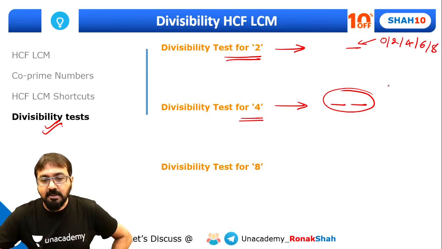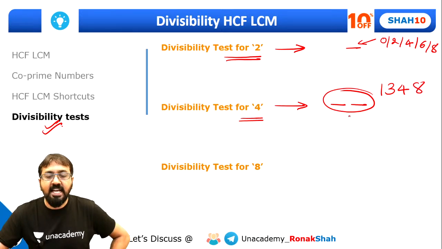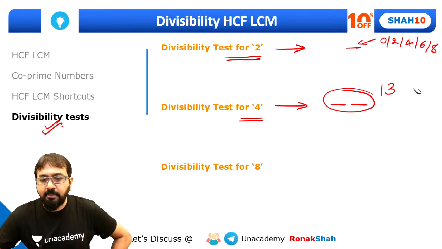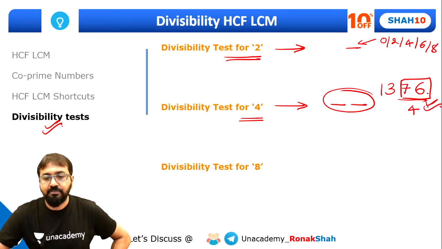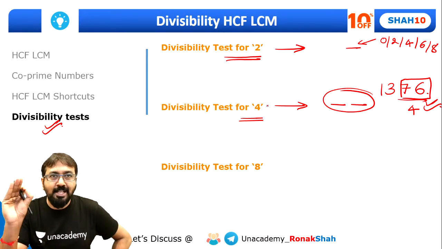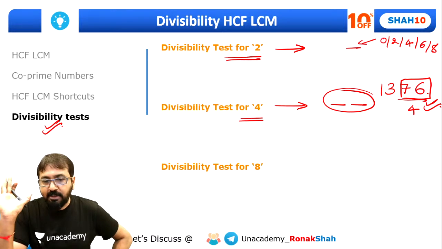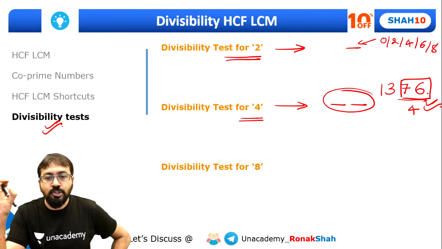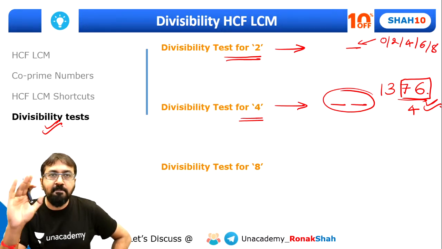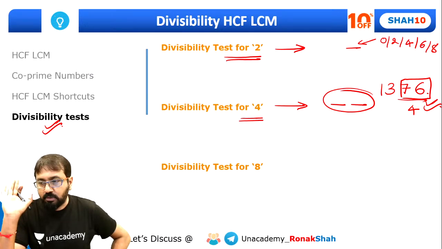Let's take an example. Suppose I take the number 1348, will this be divisible by 4? Or let me take another number, 1376, will this be divisible by 4? Yes, because 76 is divisible by 4. The number formed by the last 2 digits of the number should be divisible by 4. Guys, this is the rule. If the number formed by the last 2 digits of the number is divisible by 4, then the complete number will be divisible by 4.